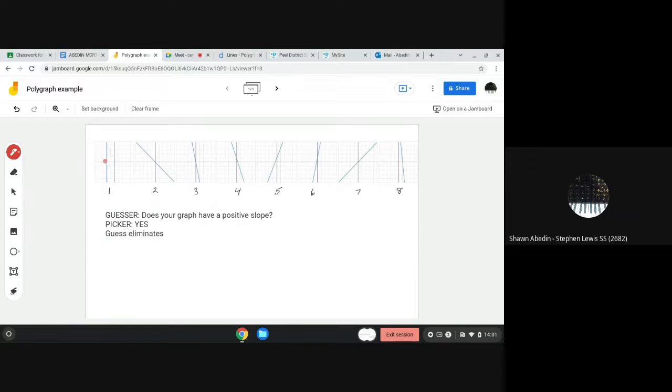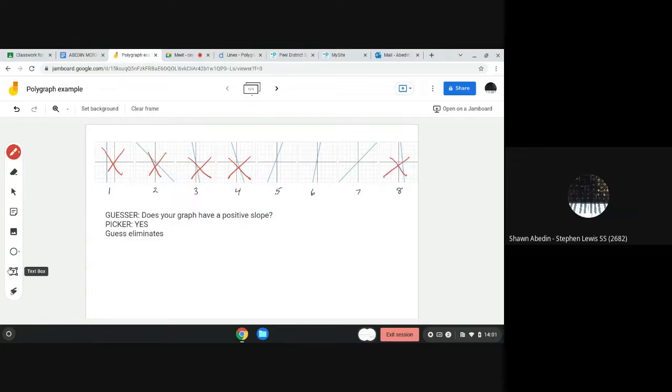Graph 1 has an undefined slope. We need to eliminate that. Graph 2 has a negative slope. Eliminated. Graph 3, negative, eliminated. Graph 4, negative, eliminated. We need to keep graph 5, graph 6. We need to keep graph 7. We're going to eliminate graph 8 because that's a negative slope.